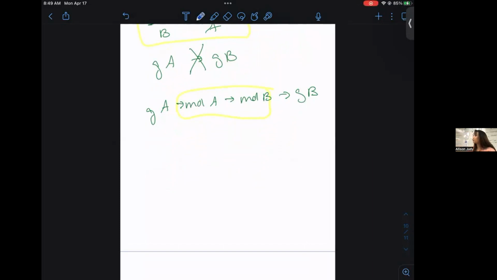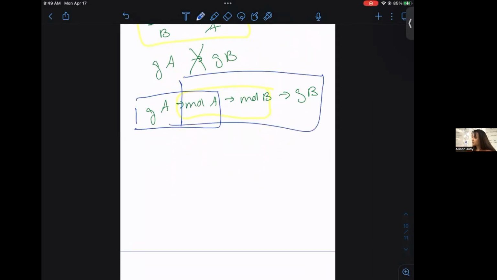So I should be able to drop you off at any checkpoint. I should be able to ask you to go from this step to this step. Or maybe I ask you to go from this step to this step. But the idea is that out of the 4 possible transformations that can occur mathematically, I should be able to drop you off at any step and you just go through the motions.